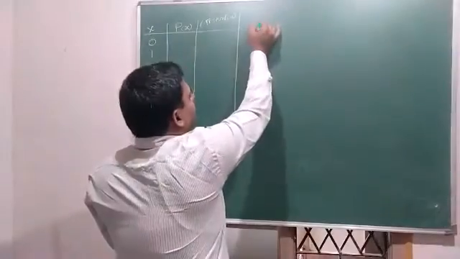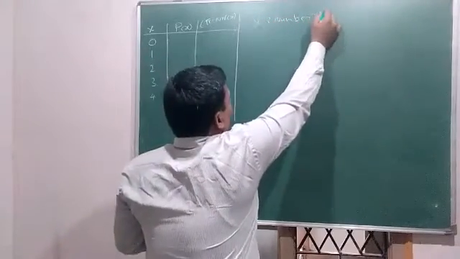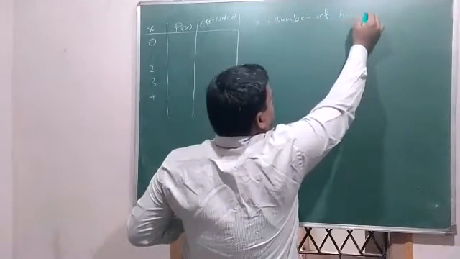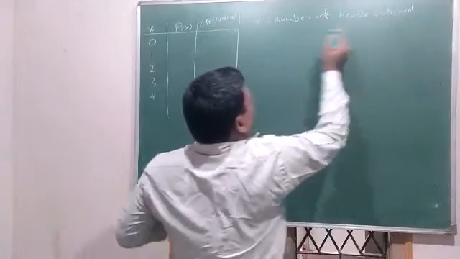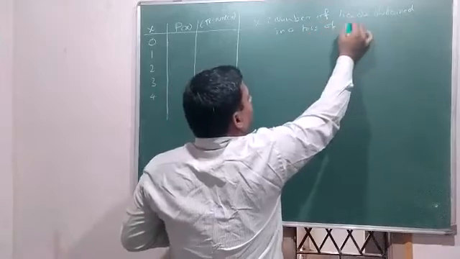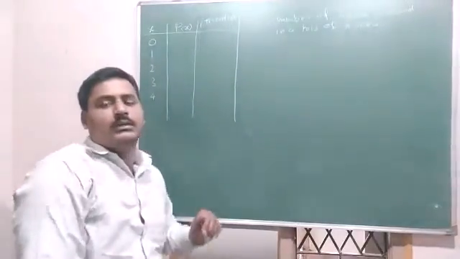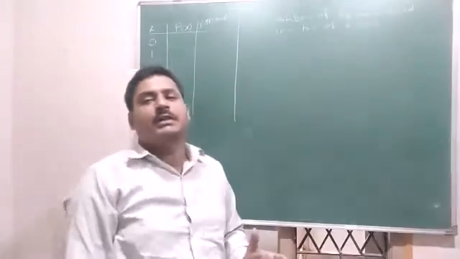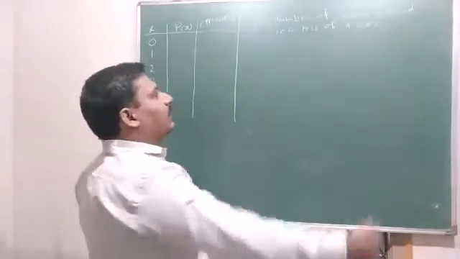So we consider x, the number of heads obtained in a toss of 4 coins. When we toss 4 coins, how many heads do we get? That takes x.